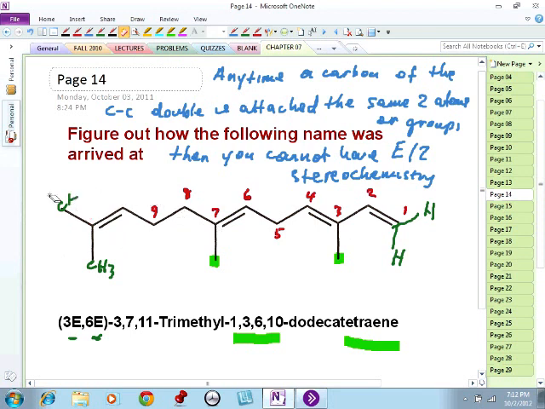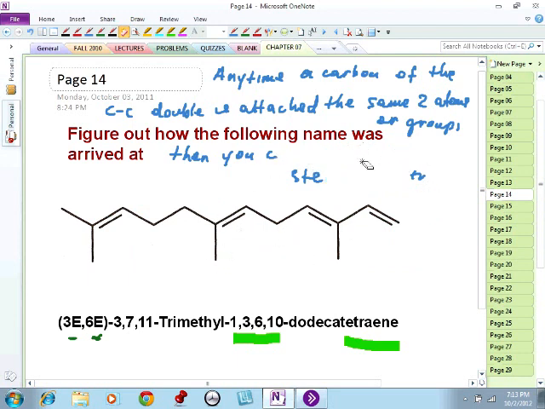Let me take all this out. The stereochemistry of interest. Keep in mind right here, this is the 3 position, right? Keep in mind right here you have hydrogen.